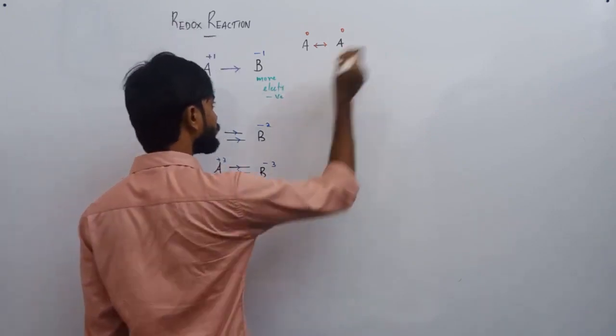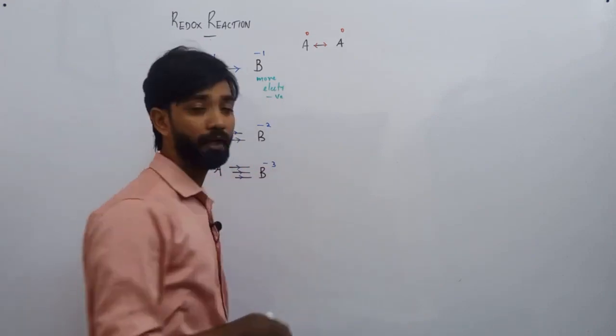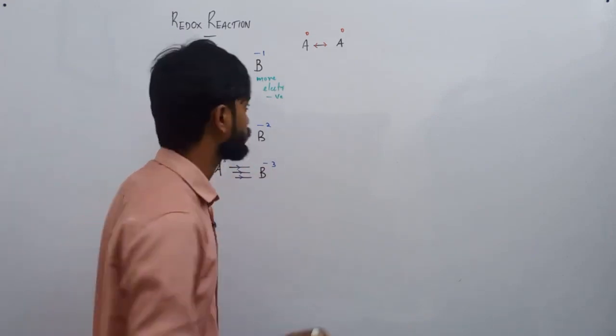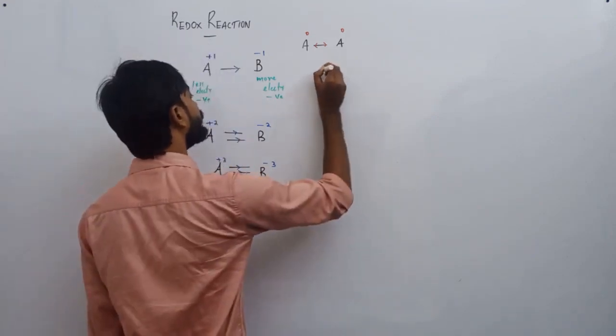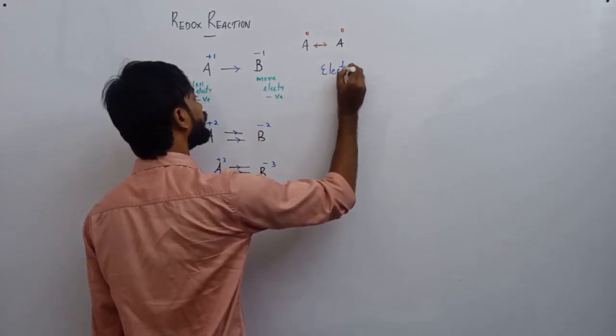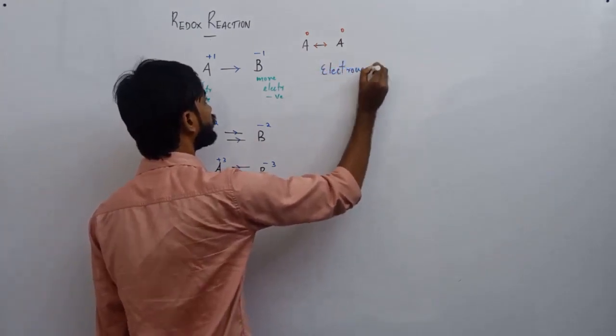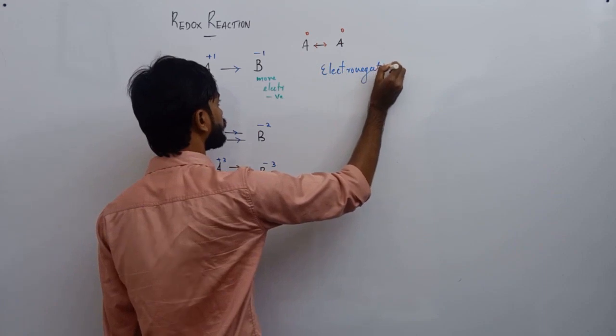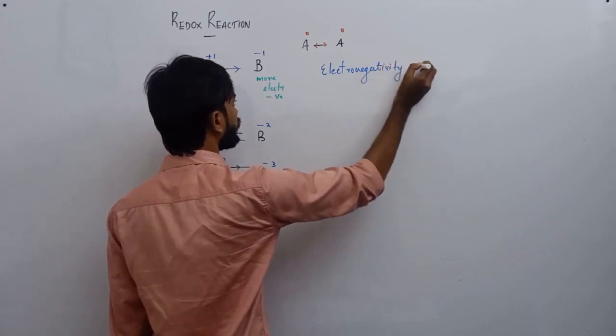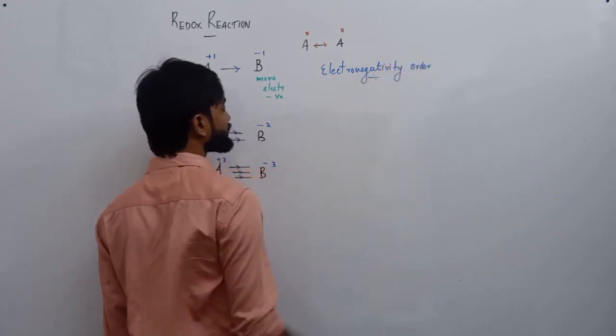Before that, you simply need to know the electronegativity of non-metals. So listen, you have to know this much of the order. Electronegativity order based on the Pauling scale value.